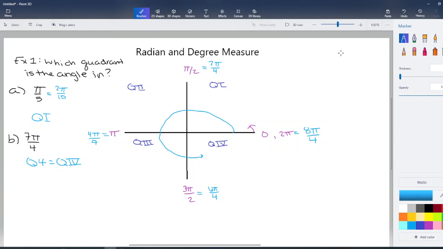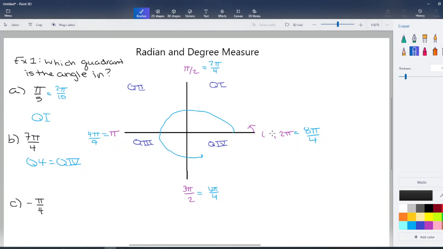All right, let's go ahead and look at one more angle, and we're going to look at a negative angle. Okay, so we're going to look at the angle negative pi over 4. Now, because this angle is negative, we know that it's going to be opening down, okay?